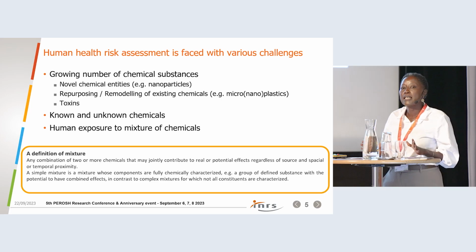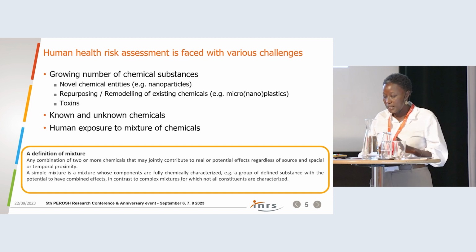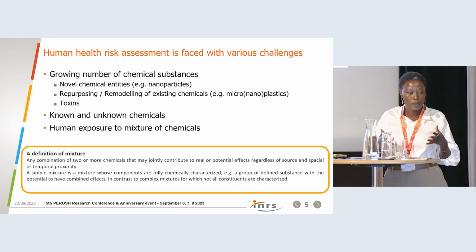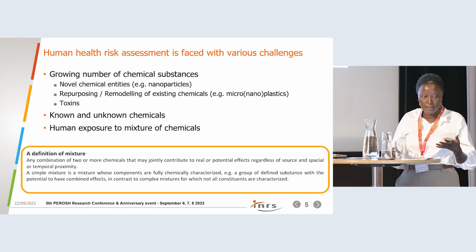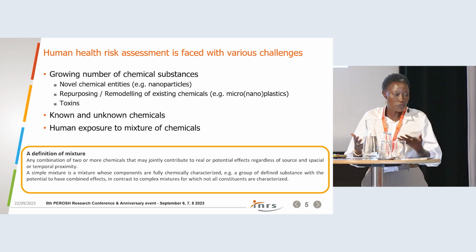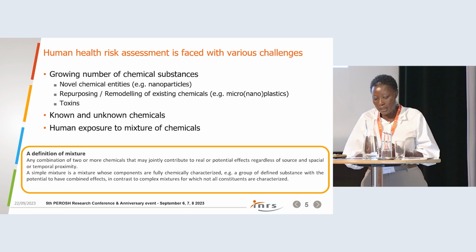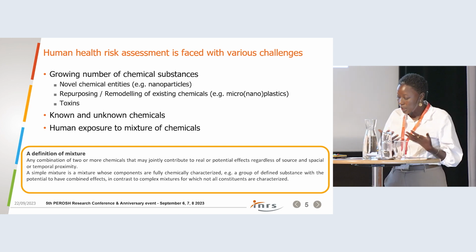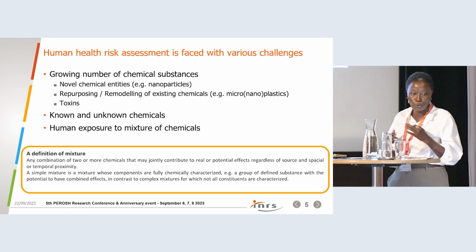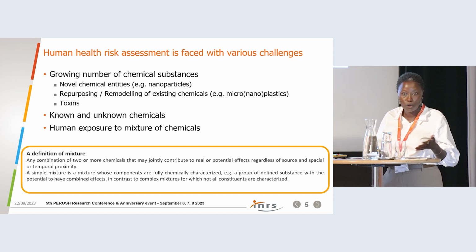And yet the complexity does not stop there. Many of these chemicals are still unknown, and it is clearly admitted that humans are exposed on a daily basis to a mixture of chemicals. We can try to define a mixture as any combination of two or more chemicals that may, and that is really important, jointly contribute to a real or potential effect, regardless of the source of exposure or the spatial or temporal proximity of this exposure.